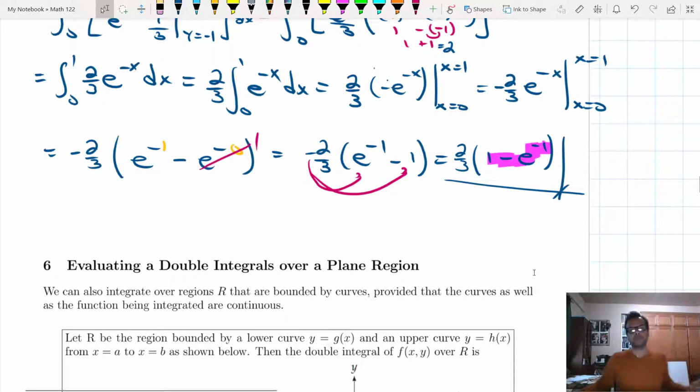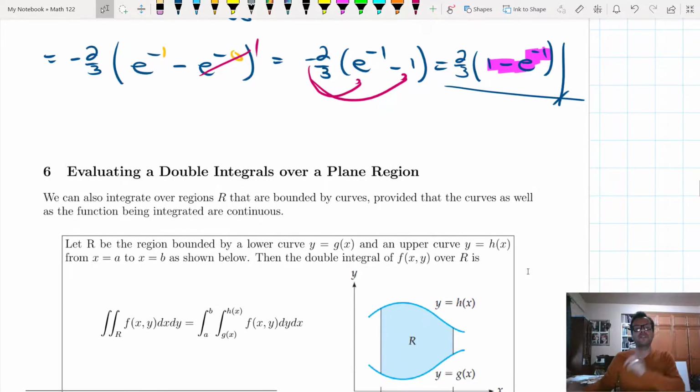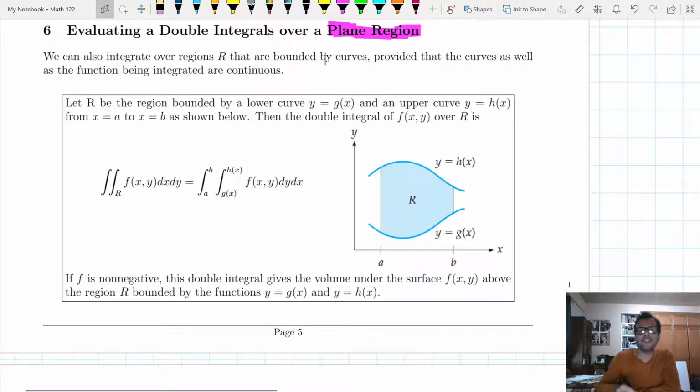Now, for the integrals that we did earlier, we were integrating over rectangular regions. So what if we integrated over plane regions? In this case, we're not talking about rectangular regions.